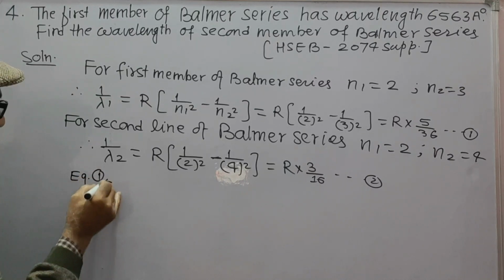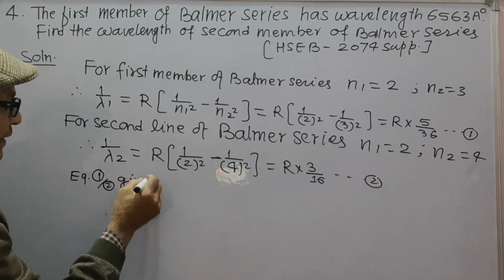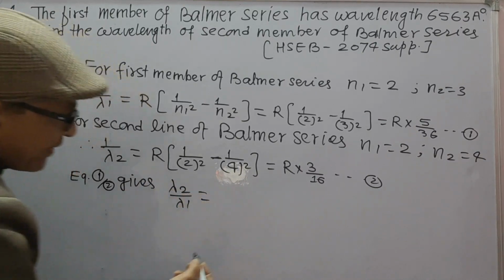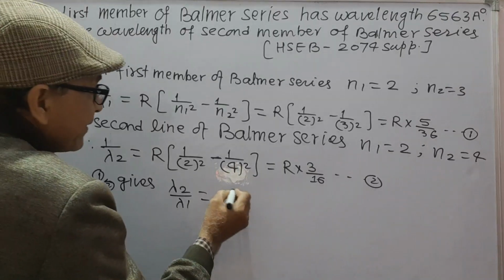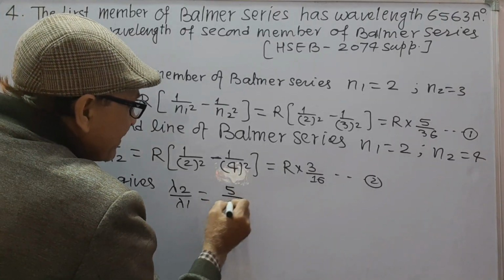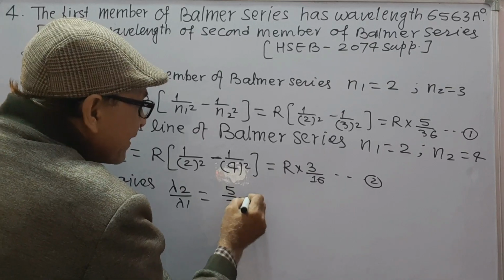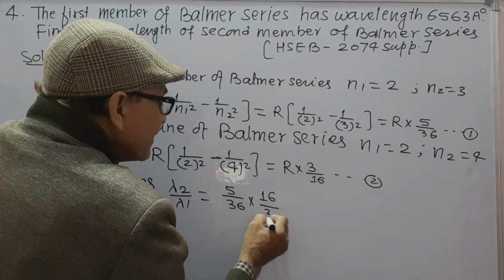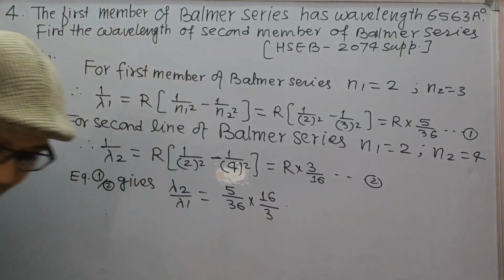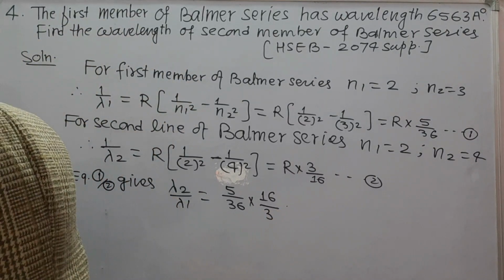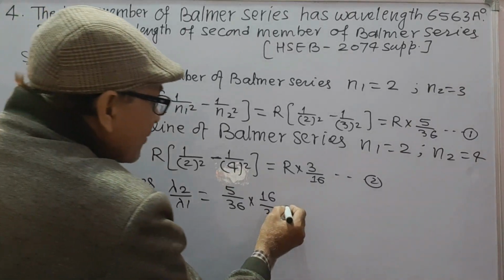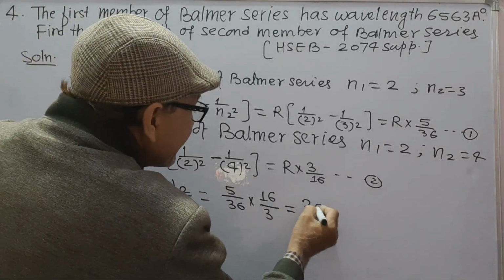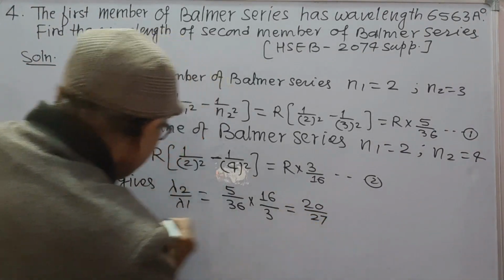Equation 1 upon equation 2 gives lambda 2 upon lambda 1 is equal to, R cancels out, 5 upon 36 into 16 upon 3, which is 20 upon 27.